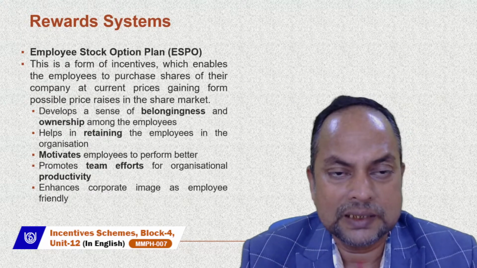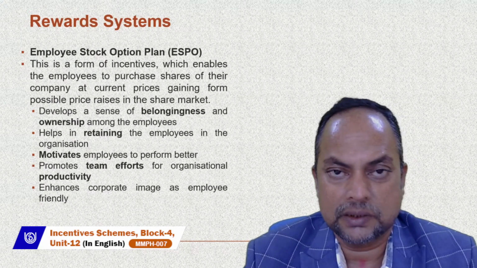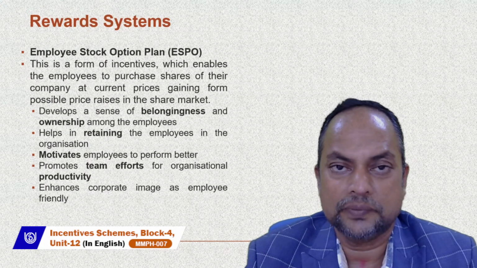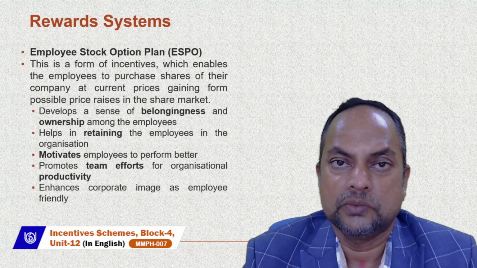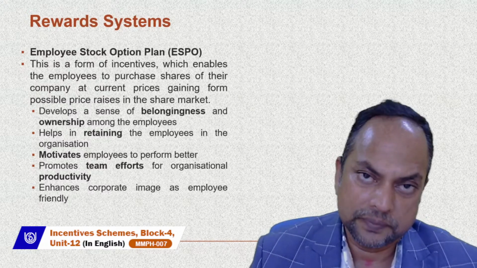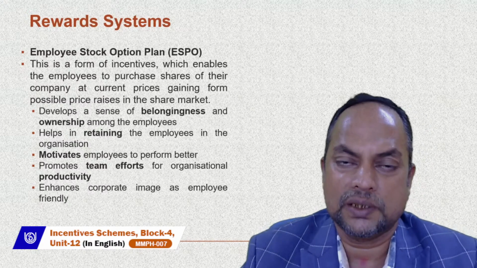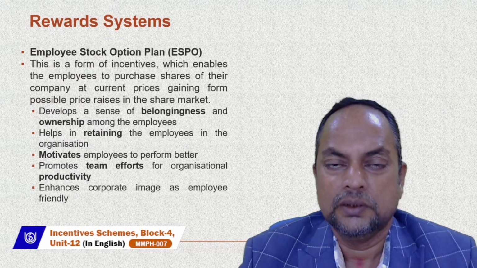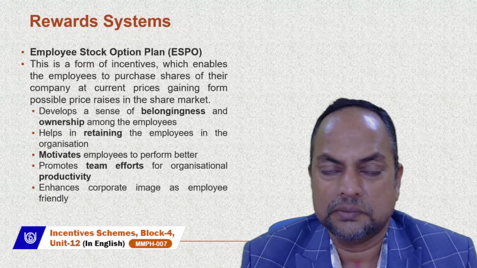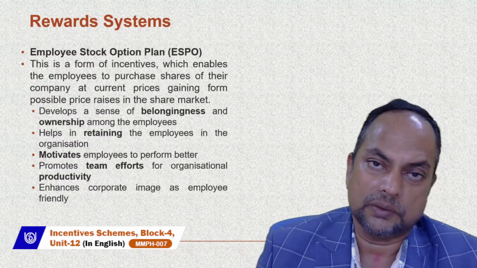Let me give an example of how it is calculated. Suppose the organization issues 100 shares in your name, which you can sell only after 3 years. The organization issues these 100 shares at a price much lower than the market price.